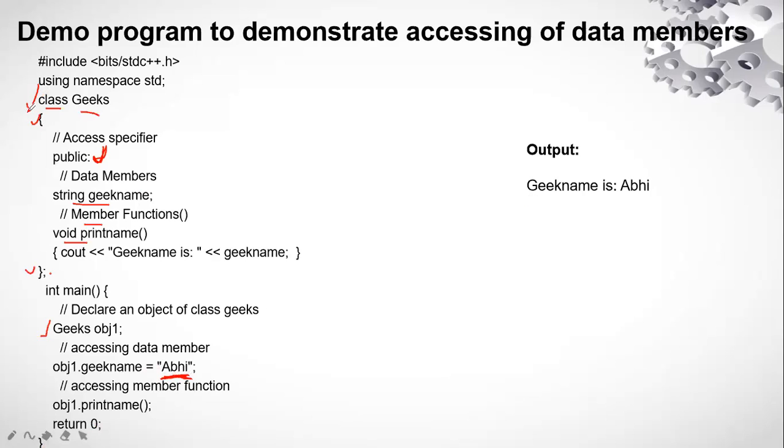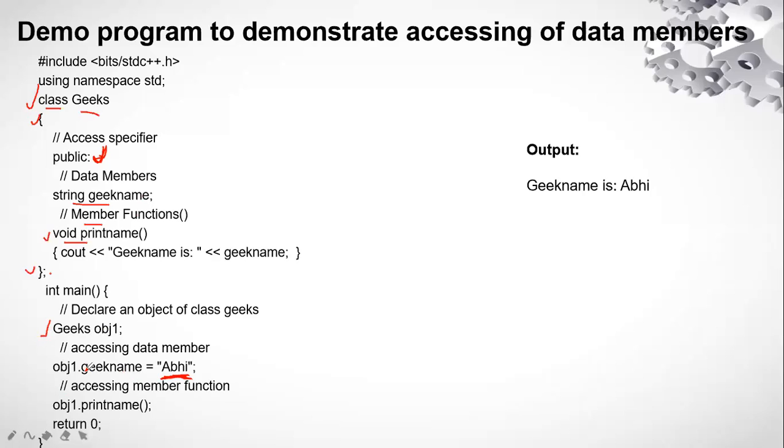So here I have declared the class with access specifier public, and a data member geek name of string data type. I can define more, I can give integer also, float, double, and many more. Then this is the member function void print name, cout, and then the main program, where I declare the object Geeks obj1 and access the data member obj1 dot geek name.